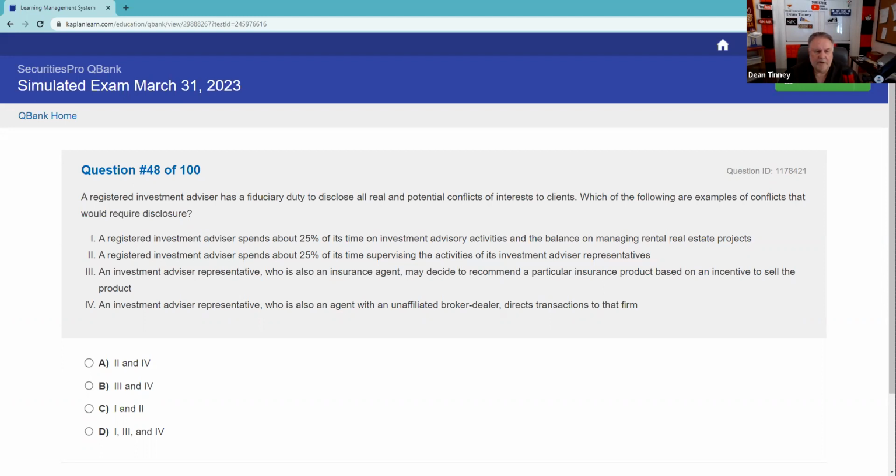A registered investment advisor has a fiduciary duty to disclose all real and potential conflicts of interest to clients. Which of the following are examples of conflicts that would require disclosure? 1: A registered investment advisor spends about 20% of its time on investment advice activities and the balance managing rental real estate projects. 2: A registered investment advisor spends about 20% of its time supervising the activities of its investment advisor representatives.